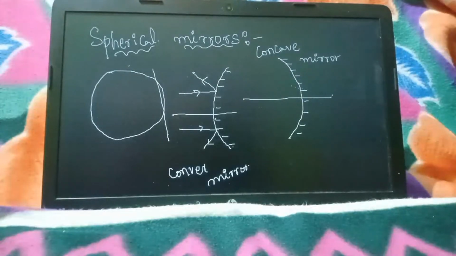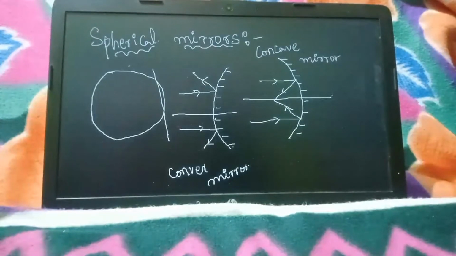By observing the mirror, we can get the nature also. How are the light rays moving after reflection? In a concave mirror, after reflection, light rays are convergent, meeting at one point on the principal axis.